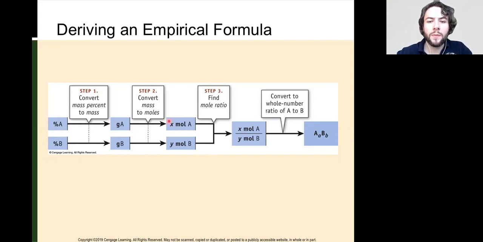Then from those moles, we find a ratio of A to B, and then convert A to B to a whole number ratio, because we have to have a whole number of atoms, not half of an oxygen. So this might seem very abstract right now. That's because it's just a schematic of what to do. We're going to do an example.